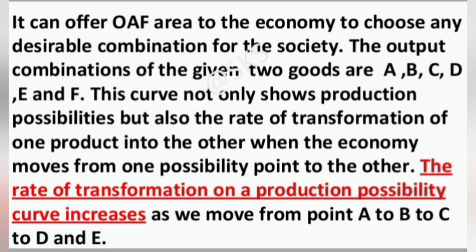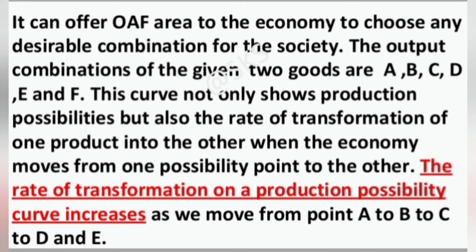So, the rate of transformation of one product into the other. What is transforming here? Resources are transferred from one product to the other. Accordingly, what is happening on the PPC? When it moves from one possibility point to the other, the rate of transformation increases. That is why the curve is concave to the origin.